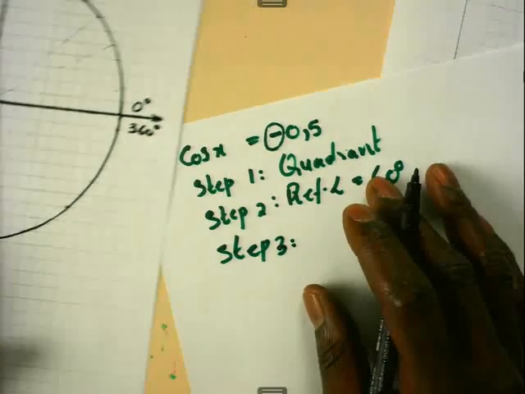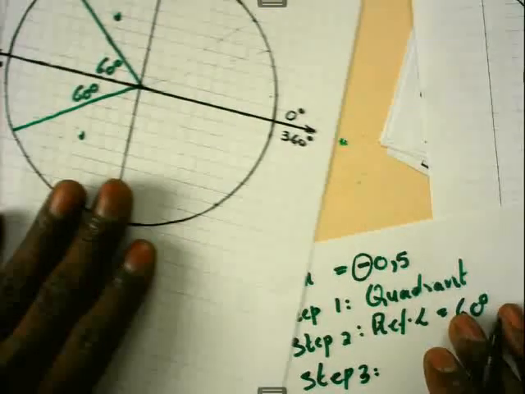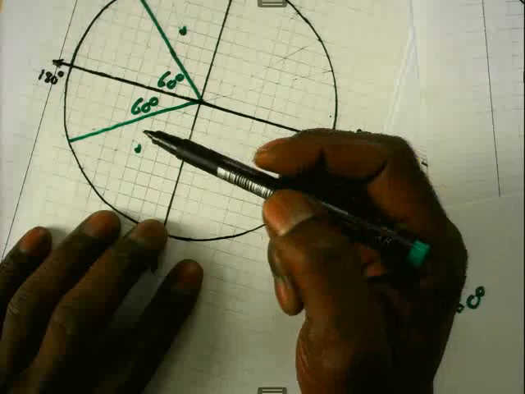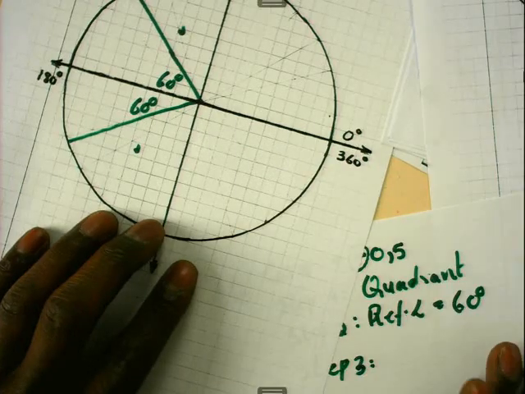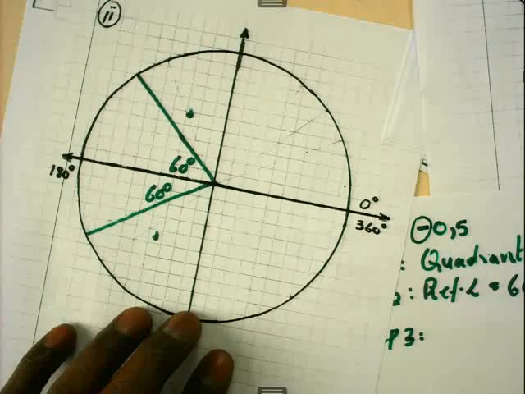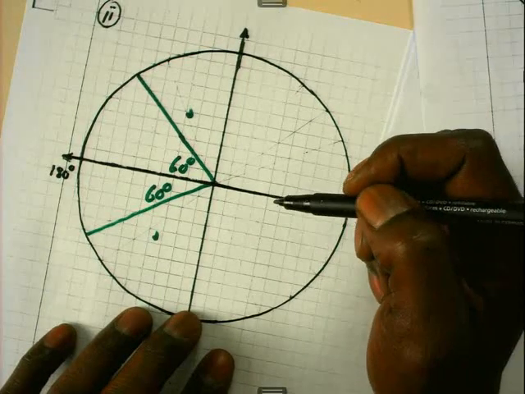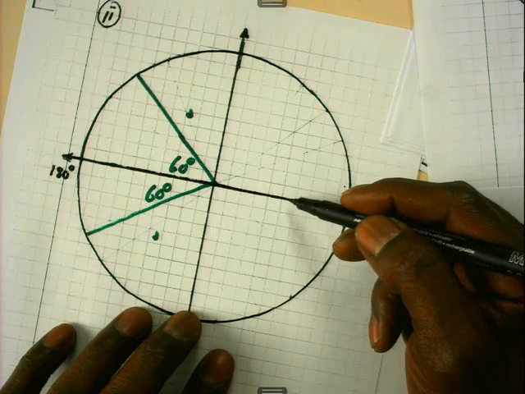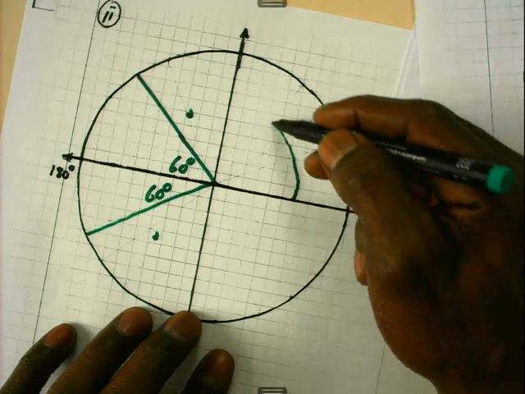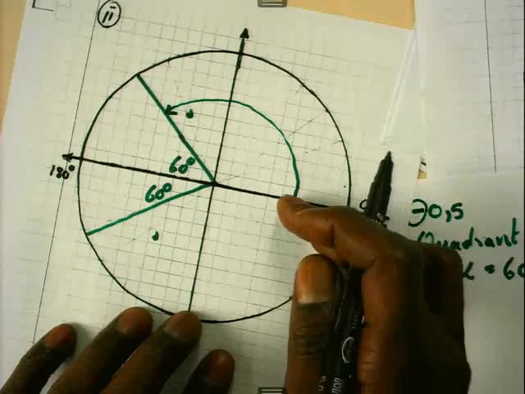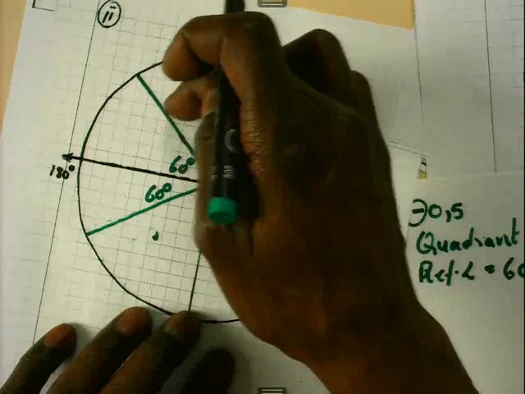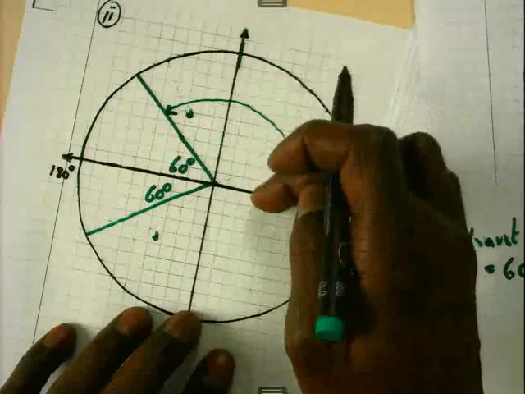Now, observe the reference angle. In this case, it is not the solution for this problem because when we want the solution, we start from the positive x-axis up until we get to this terminal ray here. And surely this angle can never be equal to the reference angle.